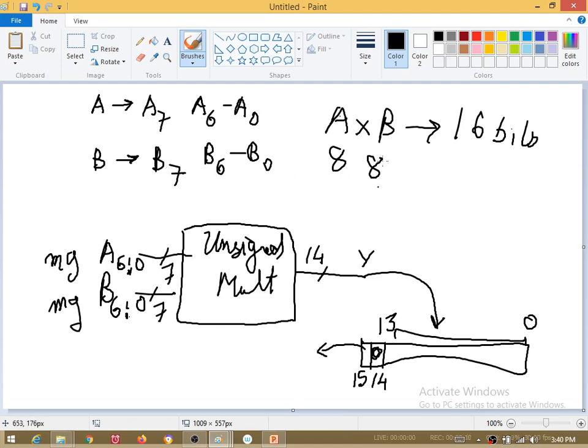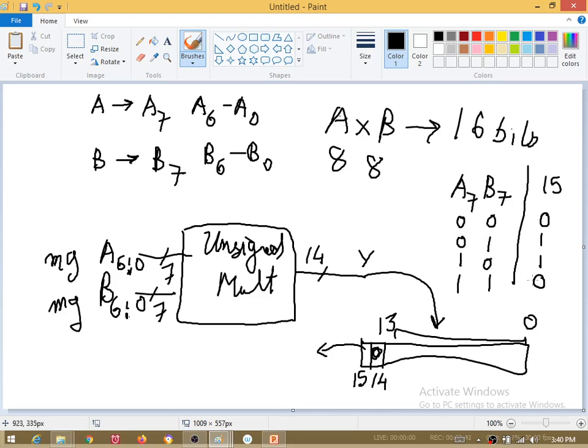If A is negative and B is also negative, then my final answer will become positive. So here I can create a table with A7 and B7, and what should be the 15th bit of my answer. If both of them are positive, then my final answer should also be positive. If one of them is negative, then my final answer will be negative, and if both numbers are negative, then the final answer is positive.